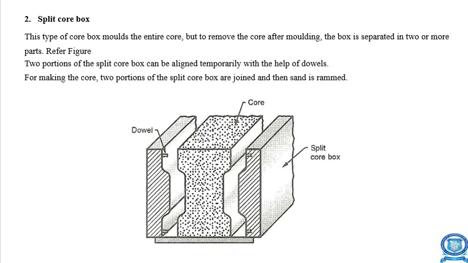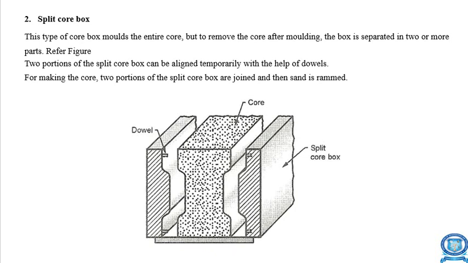Next one, split core box. This type of core box molds the entire core, but to remove the core after molding, the box is separated in two or more parts, like the diagram itself. Two portions of the split core box can be aligned temporarily with the help of dowel pins.